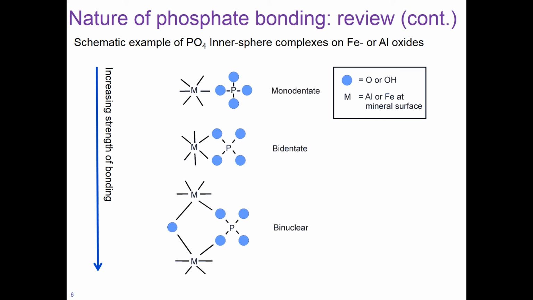This amounts to increasing strength of bonding as you go from monodentate to bidentate to binuclear, and that corresponds to increasing sorption hysteresis, or an increasing tendency for phosphorus to be retained against desorption, showing a level of irreversibility in sorption.